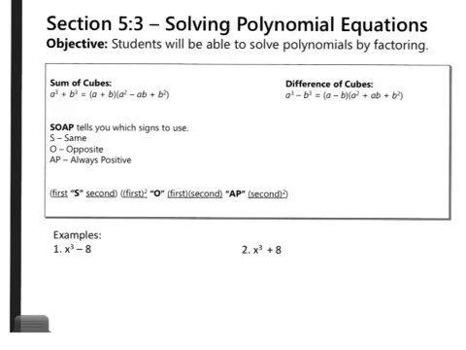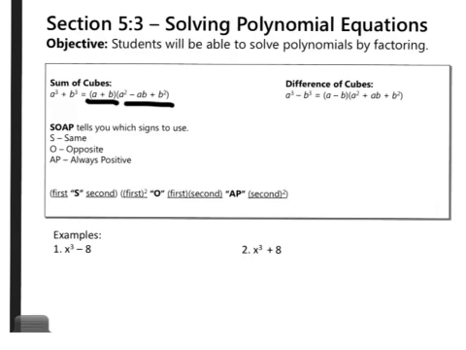You can see there the general cases. You have a cubed plus b cubed. That is separated into a plus b, and then a squared minus ab plus b squared. That looks like a lot, but we're going to break it apart. We're going to break it down to make it a lot easier.